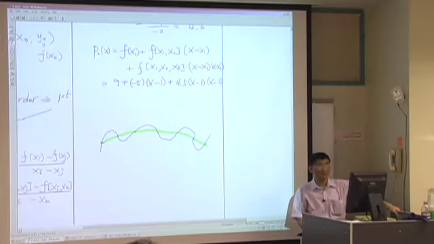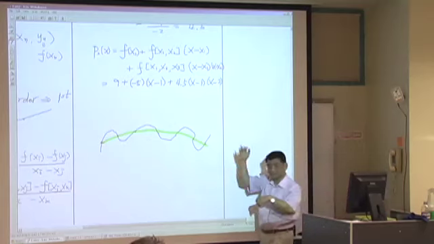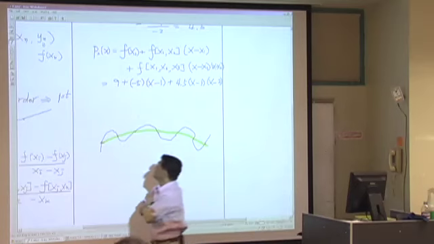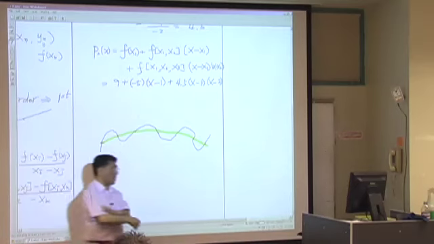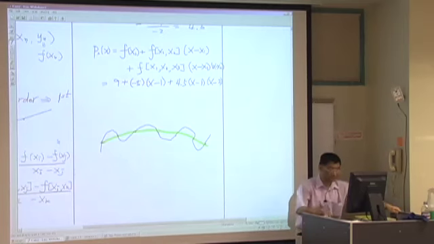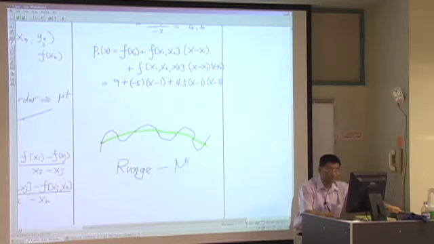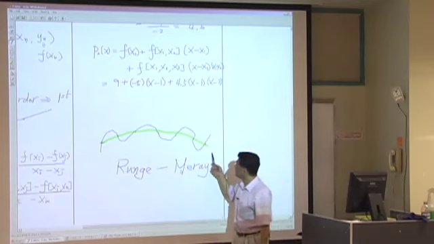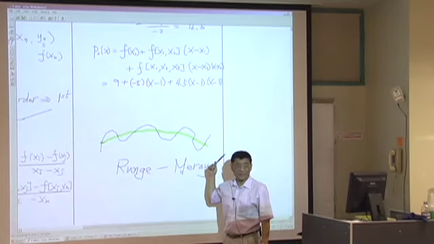Not mathematical oscillation, but intuitive oscillation. So because of this problem called the Runge phenomenon, we need to do something else.